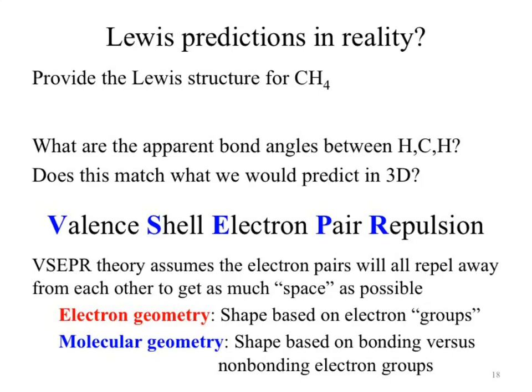The molecular geometry looks at that same shape, except anywhere there's not electrons. Should I try and rewind that back? Okay. What we'll look at with the molecular geometry is just where the atoms are located. So we don't care about the electrons. That's going to cause a slight change in how we name the shape.